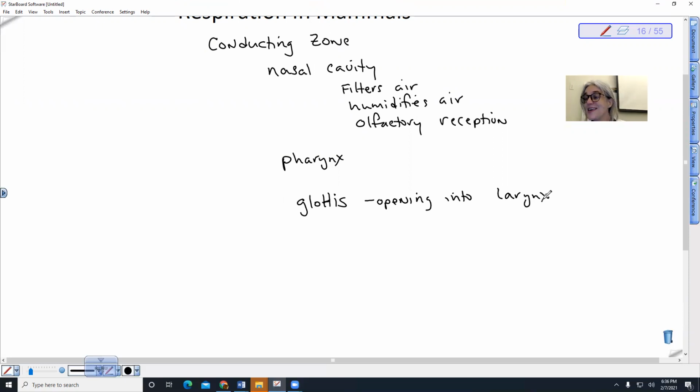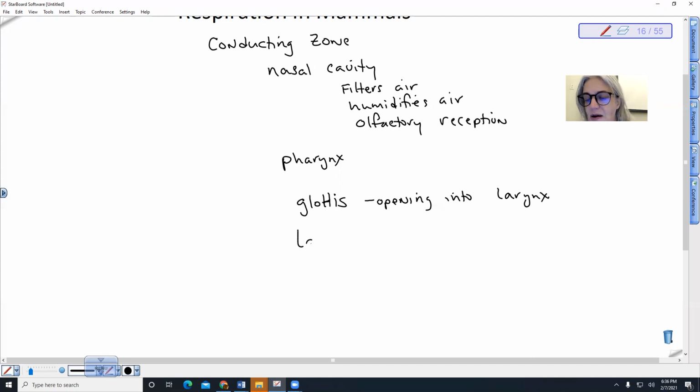It is covered by the epiglottis. So remember that the epiglottis is what actually helps to protect and prevent stuff from going into your trachea. Your trachea is supported by tracheal rings. You can feel the rings. Your larynx is your voice box.